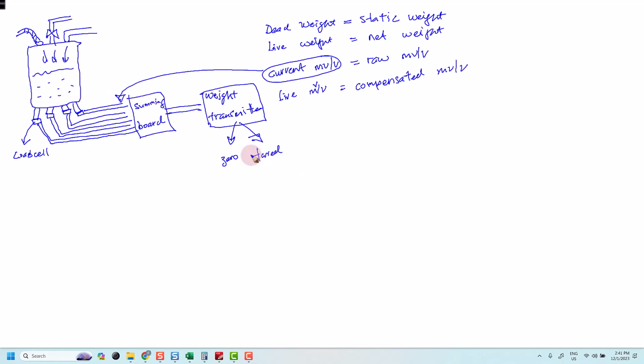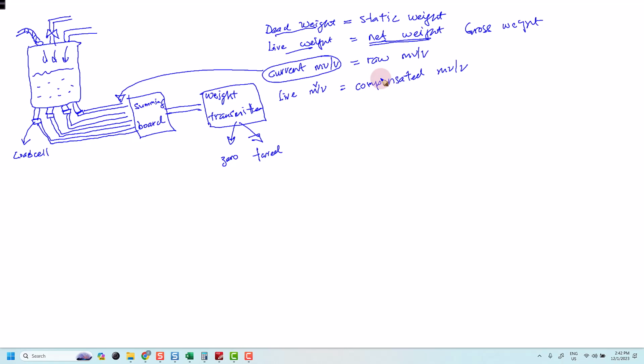Usually, the tare button is pressed when you want to achieve a net weight of 0 kilogram, so the next incoming product or water will be your net weight instead of gross weight. Gross weight is the dead weight plus the live weight, or what we call net weight.